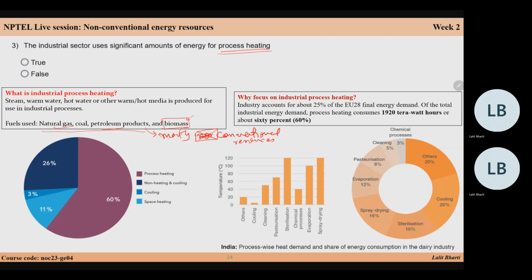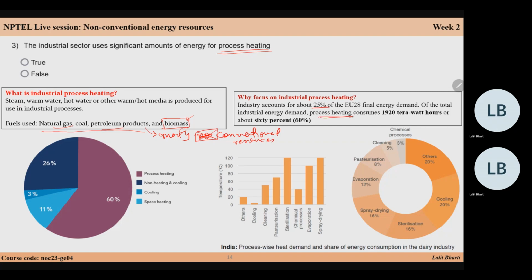Okay. So yes, we will resume back. Basically, this is why we are giving so much focus on industrial process heating. We can see from this data that industry accounts for 25% of EU final energy demand.